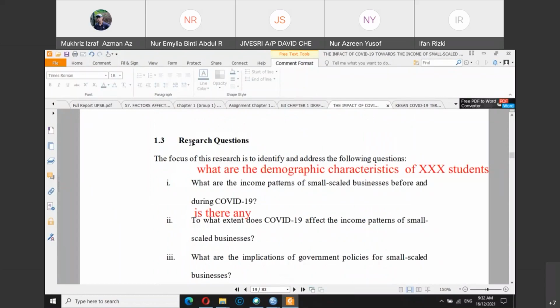That will be the simple research question number one. To answer it, you are just going to use a bar graph, histogram, or pie chart to explore the characteristics of your respondents.